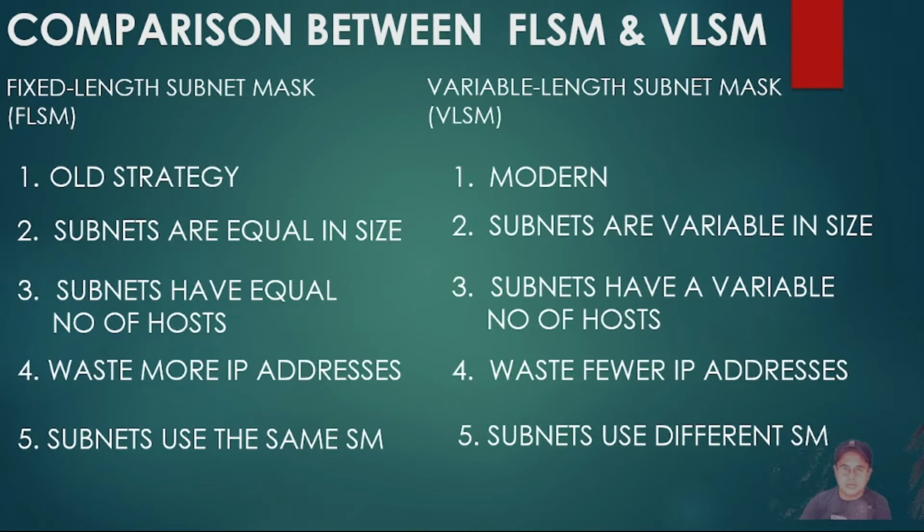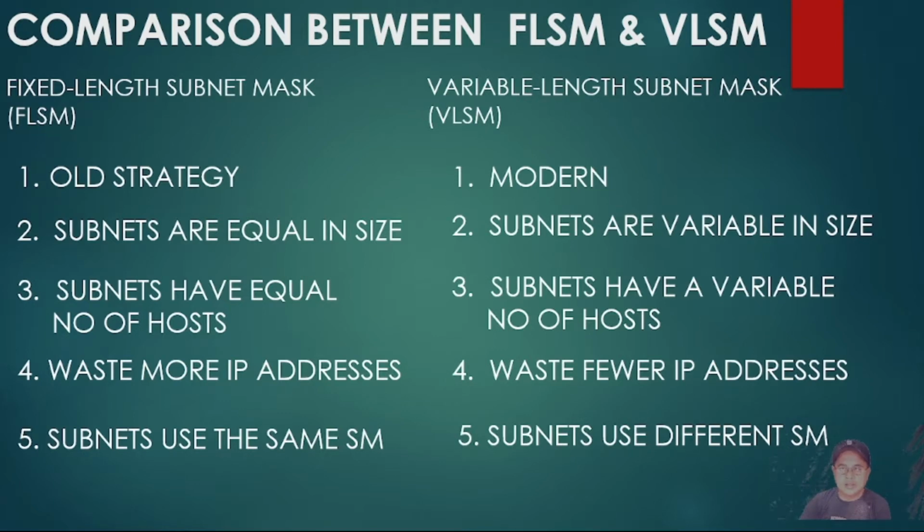And they also use VLSM when it comes to applying the latest routing protocols like OSPF version 2, RIP, or the Routing Information Protocol version 2, and also EIGRP. These are the protocols that are compatible with VLSM.